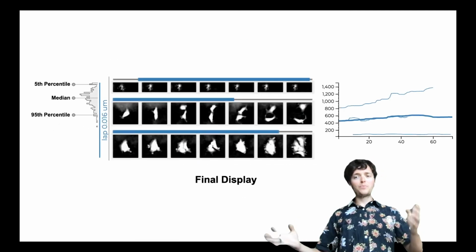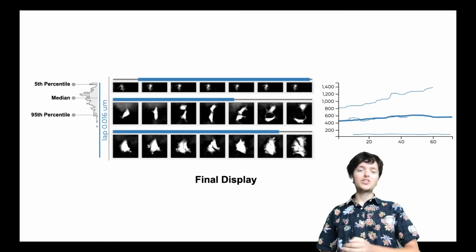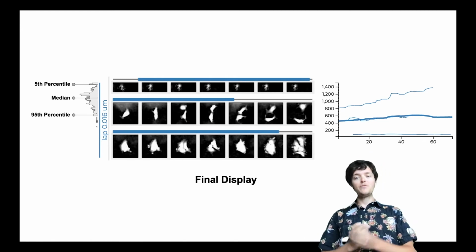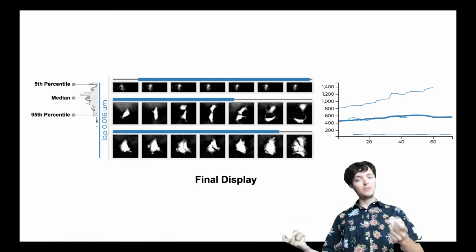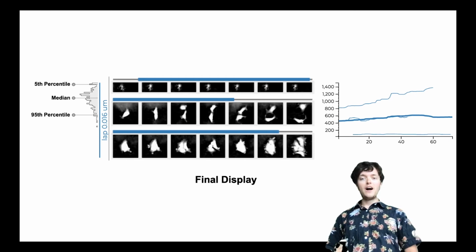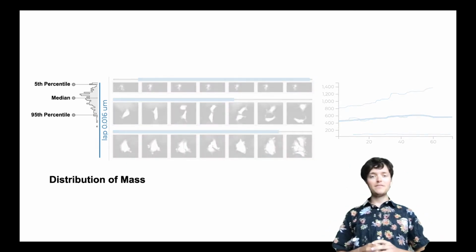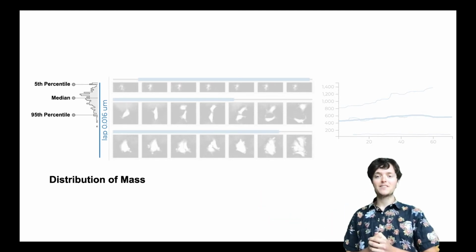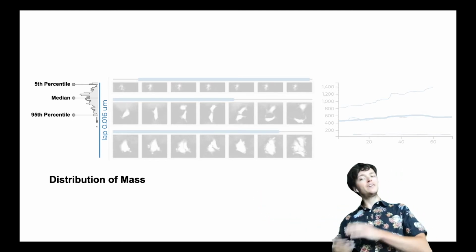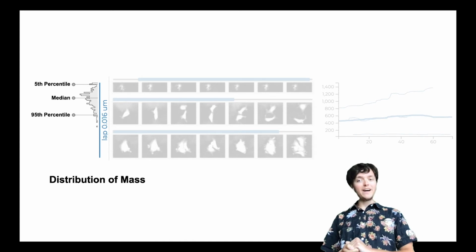And to close the loop, here's how this looks back within the tool Loon itself. We have these 3 actual images with those similar looking blue bars. In addition, we have 2 complementary visualizations. On the far left-hand side, we show a histogram showing the distribution of mass in this case.